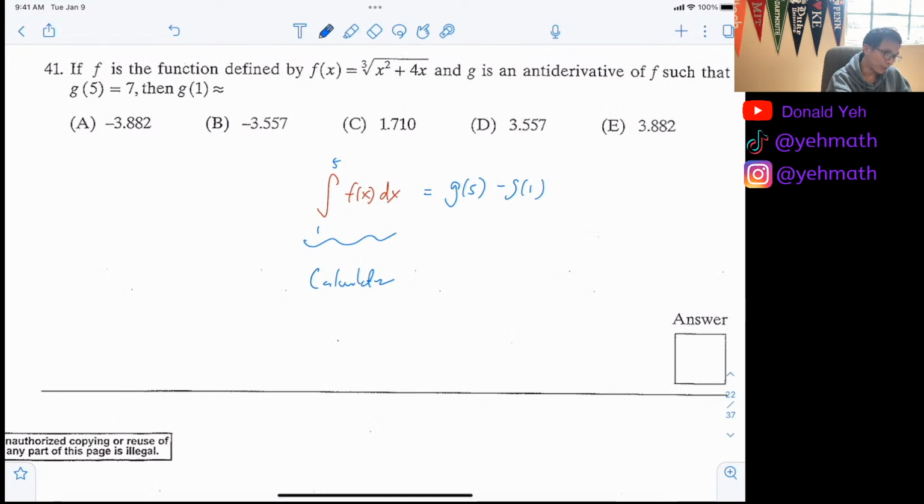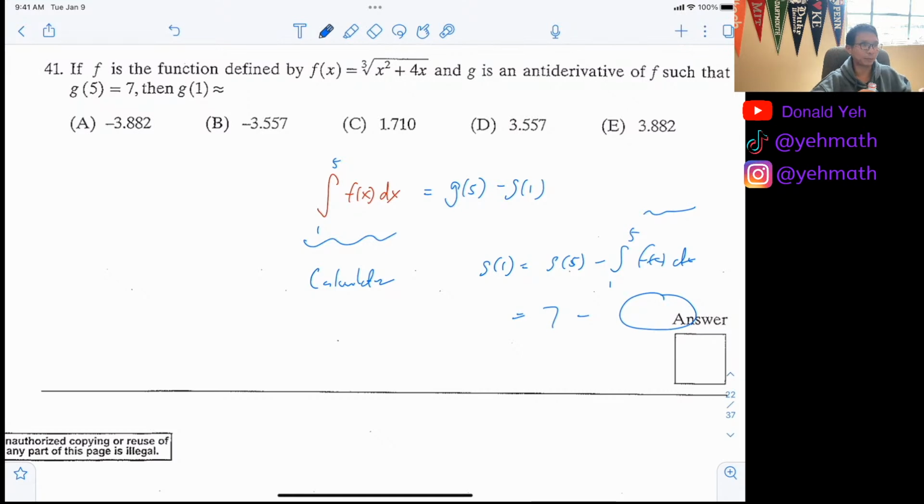And if you want g of 1, guess what? g of 1 is equal to g of 5 minus the integral from 1 to 5 of f of x dx. And this part you can use a calculator, right? And g of 5 is 7, so 7 minus whatever. Do you see what I did?